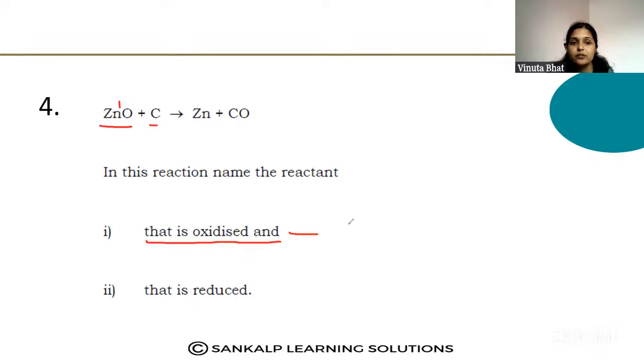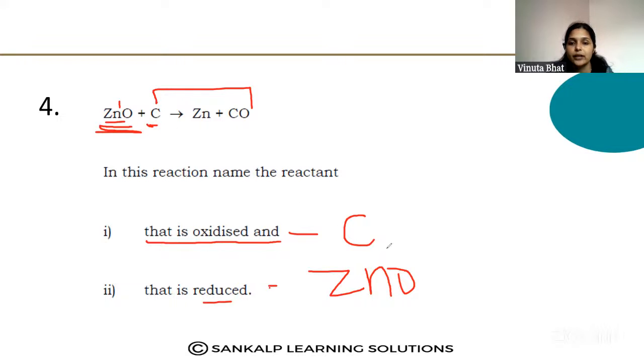The reactant which is oxidized is carbon, because it gains oxygen and becomes carbon monoxide. Zinc oxide is reduced and it forms zinc. So in this reaction, the reactant that is oxidized is carbon, and the one that is reduced is zinc oxide. Okay, so this is a 2-mark question.